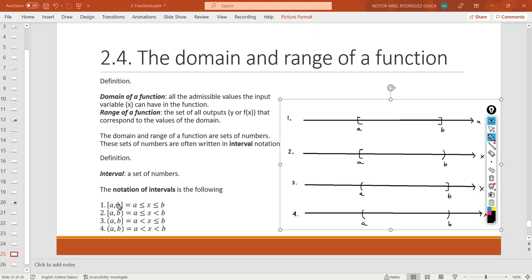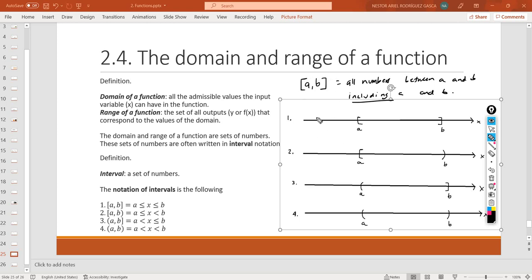So let me tell you what these things mean, guys. When you see something like this in mathematics, in the context of intervals, this symbol means all numbers between A and B, including A and B. That's all it means, guys, in words. When you see the symbol, it represents a set of numbers. What numbers? All numbers between A and B, including A and B. That's the reason for this square bracket.